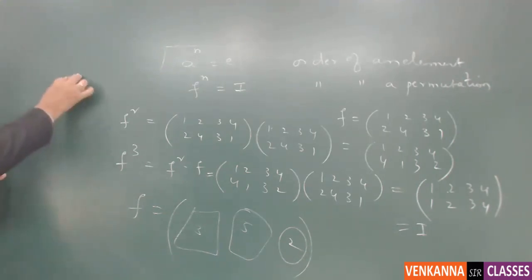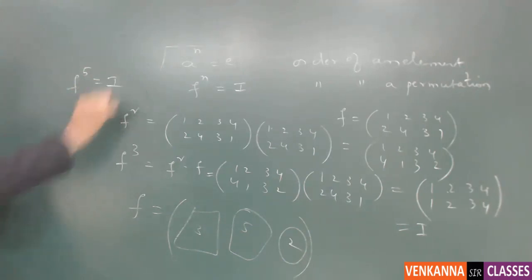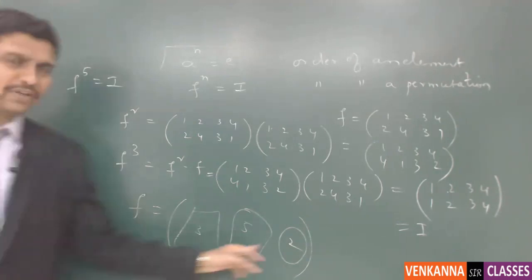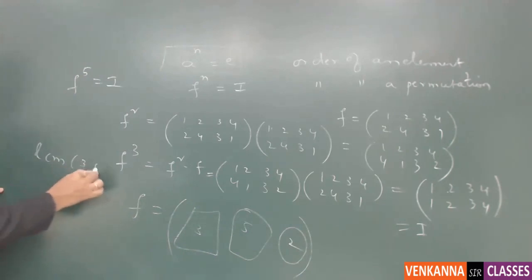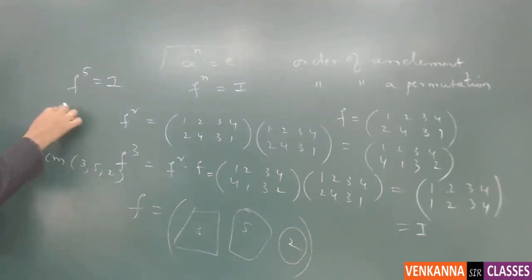So if you calculate f power 5, you will get identity. So if not, you take LCM of these numbers, then f power that number is equal to identity. That you can take into consideration. Okay? So generally while calculating the order, that thing we follow.